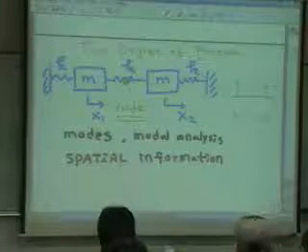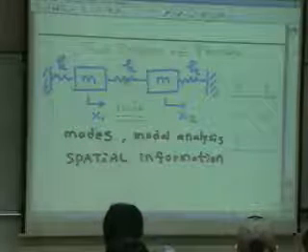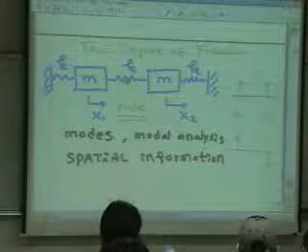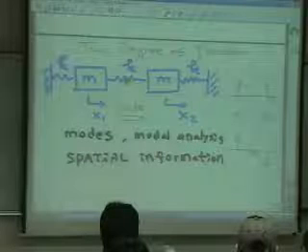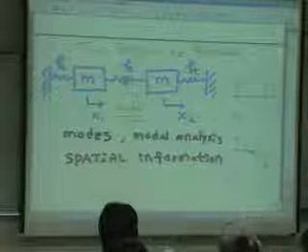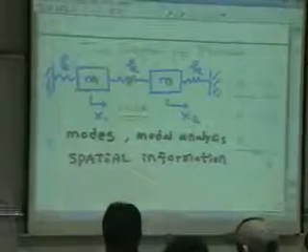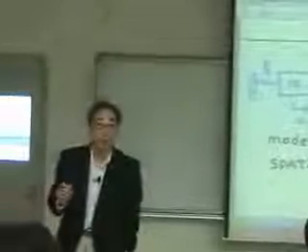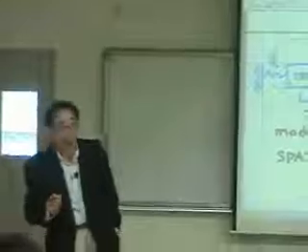Move together. And the other one looks like this. So there is a nodal point. Antinode occurs at this point and this point. Antinode simply means the position where we get maximum amplitude of vibration. Nodal point means the position where we get zero displacement.